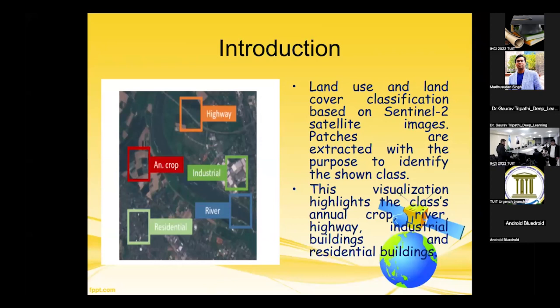Labeled means we need to label it: what does this piece of area belong to, and so on. So we are covering supervised learning. That's why we are targeting a labeled dataset. And what does georeferenced mean? Every point on that image has a latitude and longitude which can be fetched.